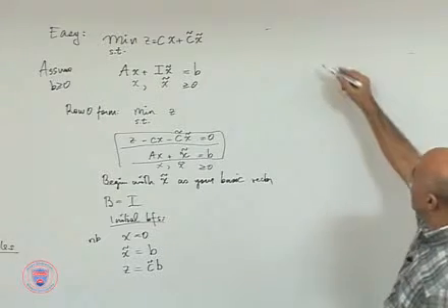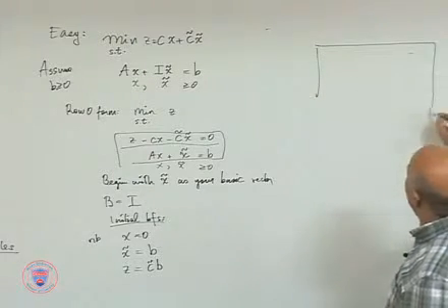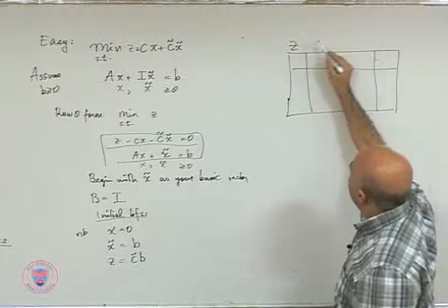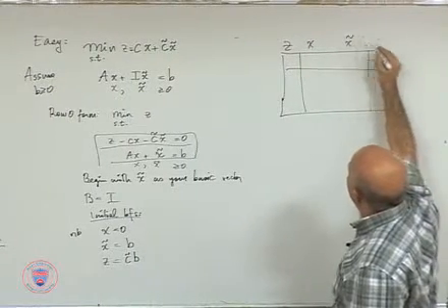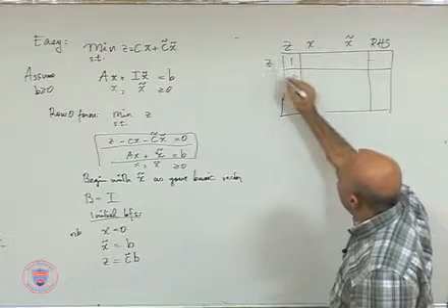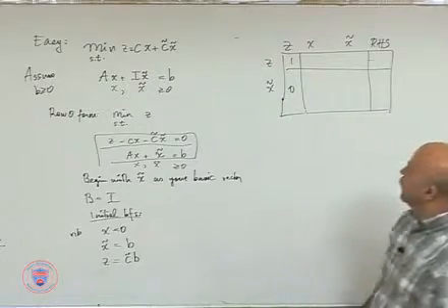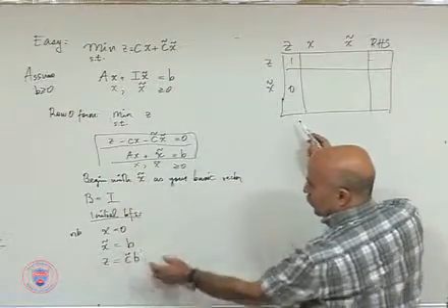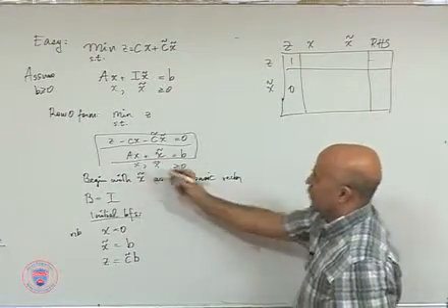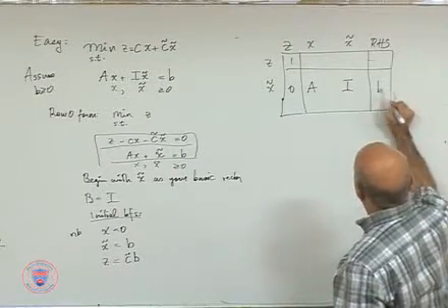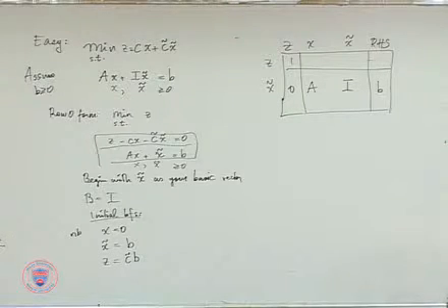What is the initial tableau for this one? Well, the lower part will be B inverse, which is identity times A, and identity times identity. So you've got this in the lower part. Okay? Everything is pre-multiplied by B inverse. In this case, it's identity.